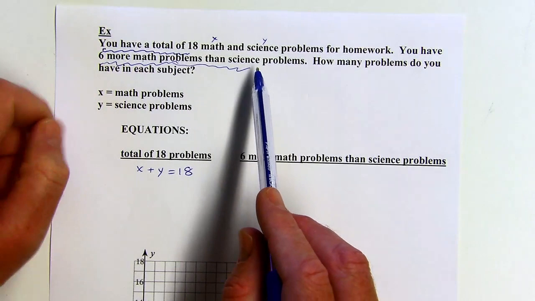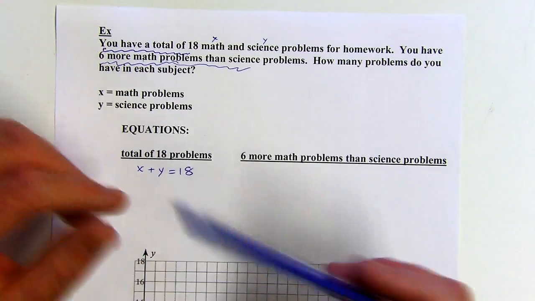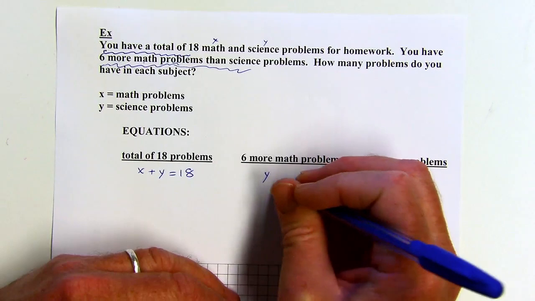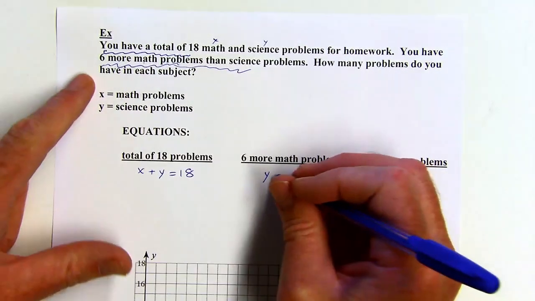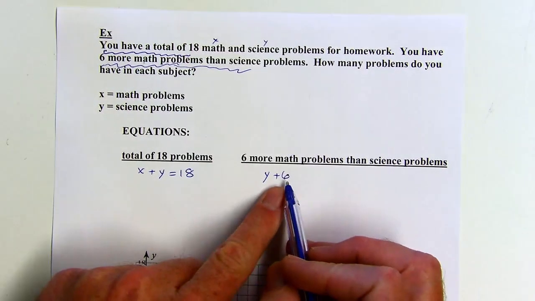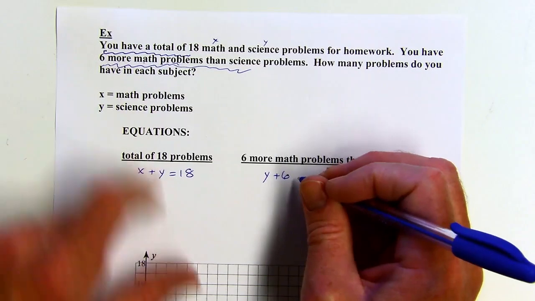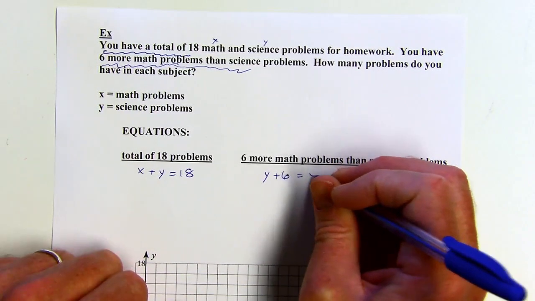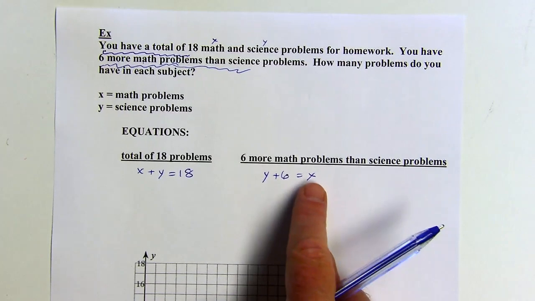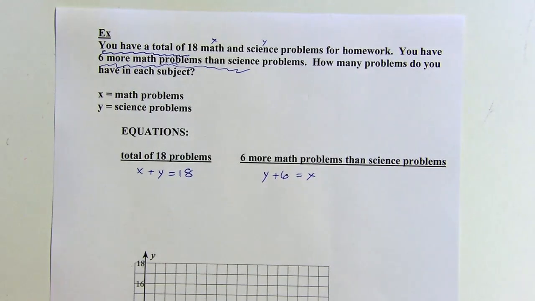Or I could take the science problems and add 6 to it. Either way. So let's say I'm going to take my science problems. That's the one I have less of, so I'd have to add 6 to that. So say I had 10 science problems, I'd add 6, and that means I would have 16 math problems, right? So you can imagine you could also have X minus 6 equals Y if you subtracted 6 from both sides. That would work too, okay?